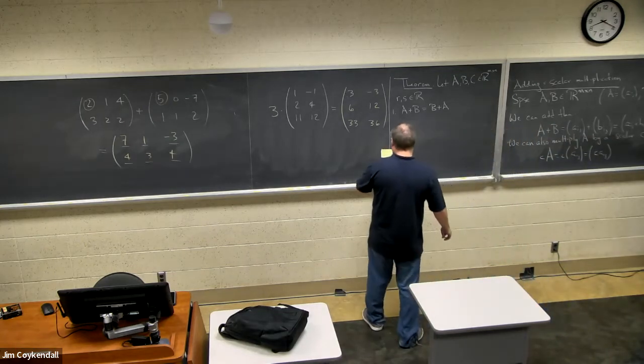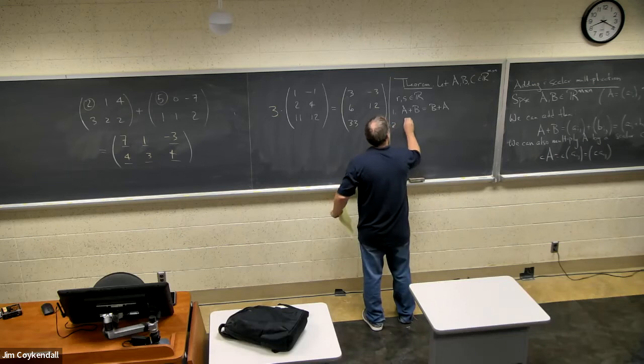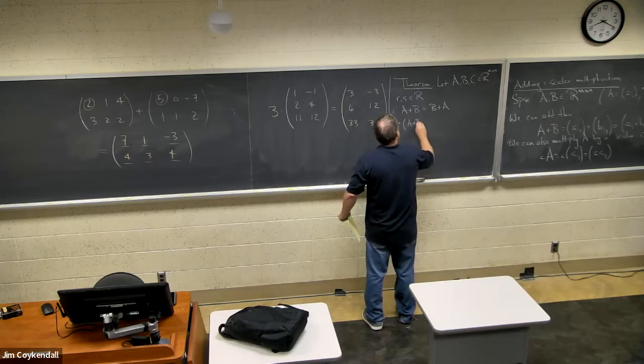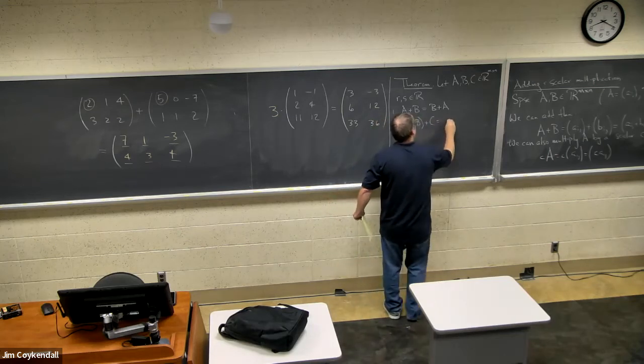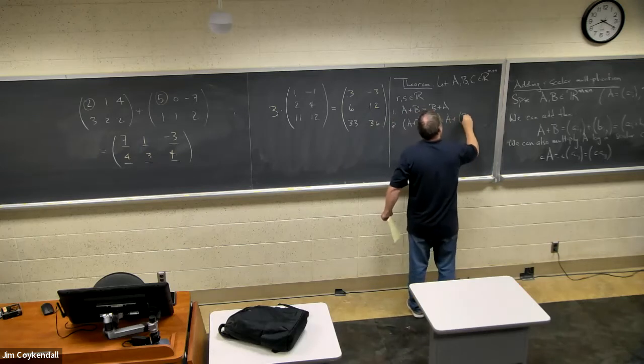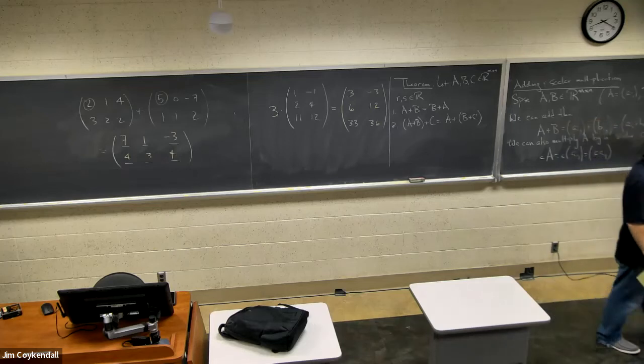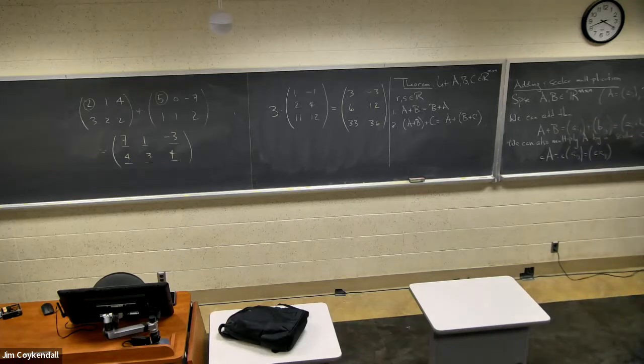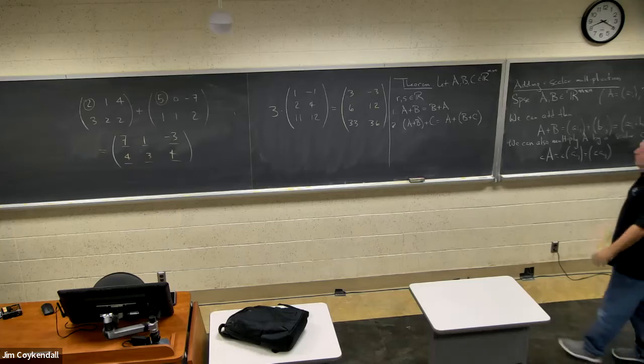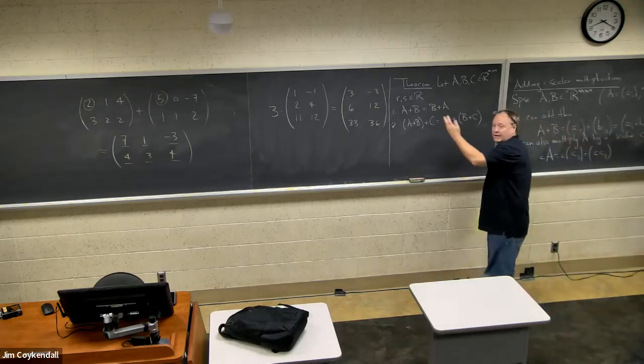Here's number 2. A plus B plus C is A plus B plus C. Anybody know what that property is called? That's right. It's called the associative property. When you add 3 things, it doesn't matter which pair you add first.